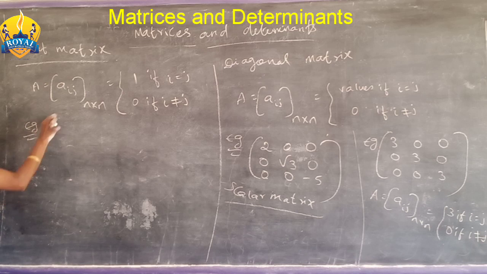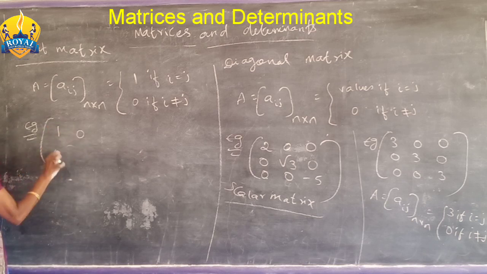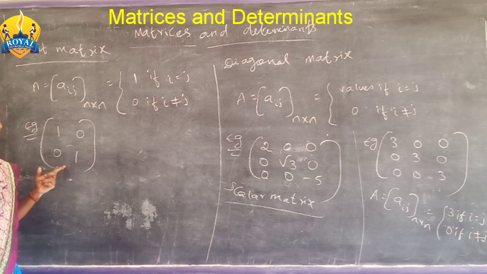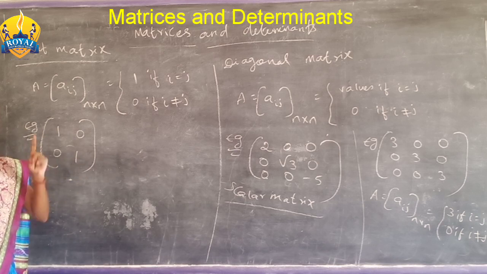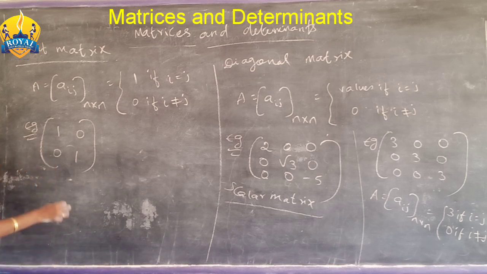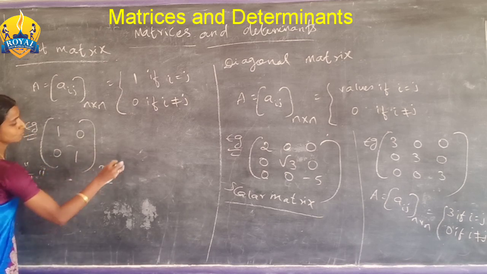A unit matrix is also called an identity matrix. So 1 0 0 1, this is called an identity matrix. Since this is an identity matrix, it is also denoted as I. Now this is an identity matrix of order 2, denoted as I2.